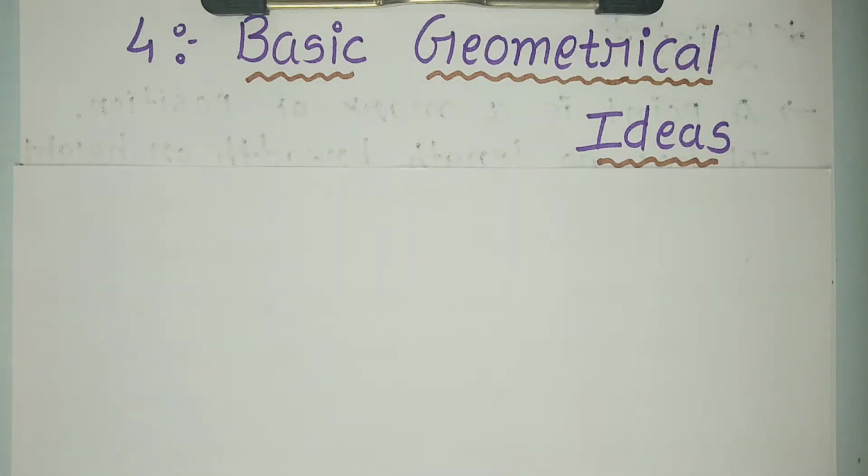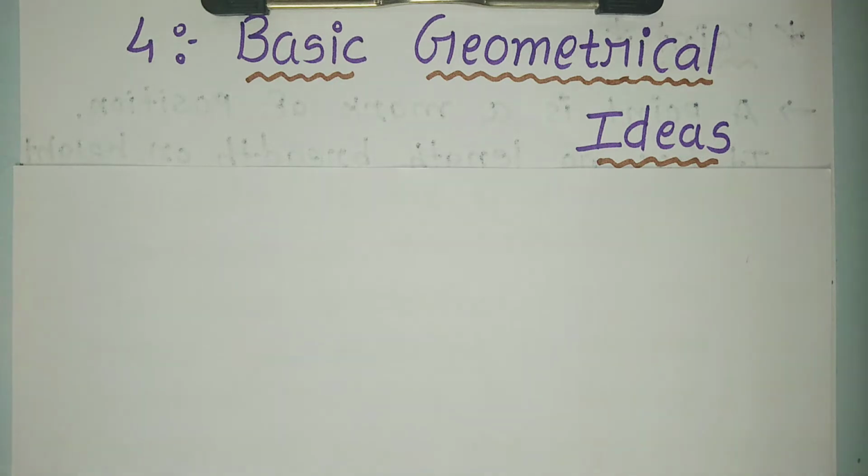Hello students, let's start with chapter number 4, Basic Geometrical Ideas. To start this chapter, let's revise what geometry is, what the use of geometry is, and where geometry originated.